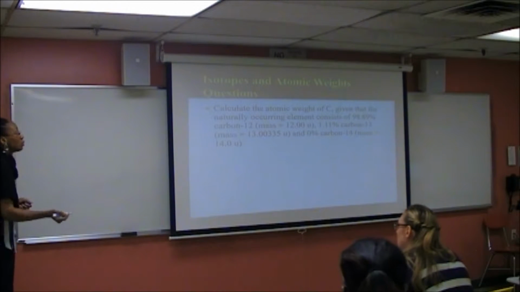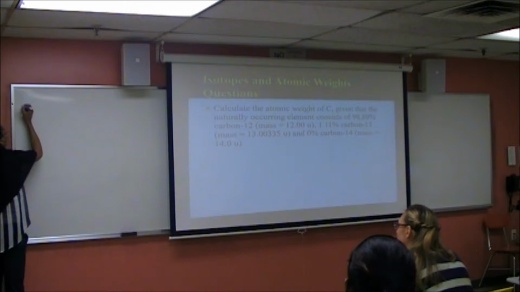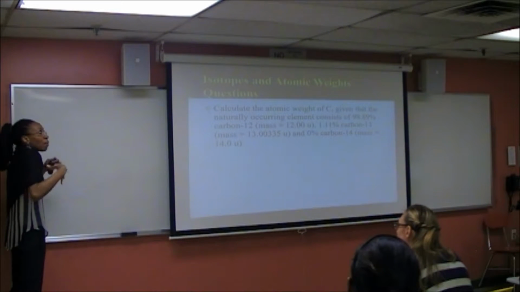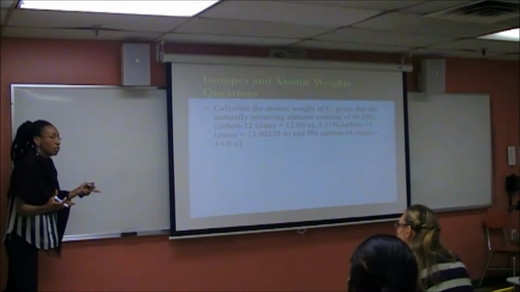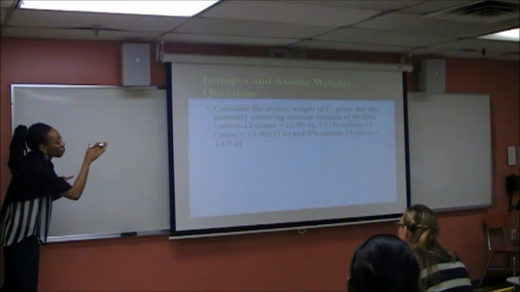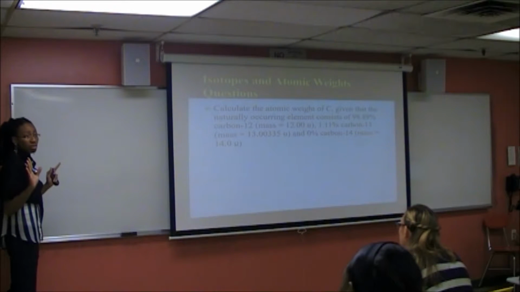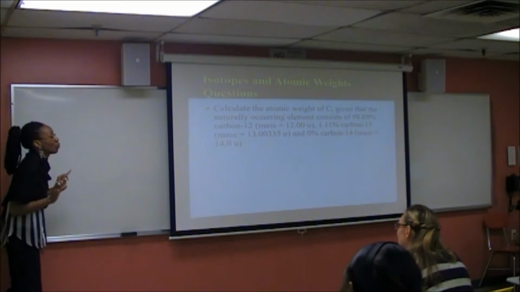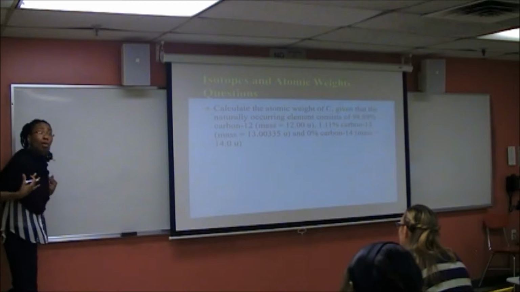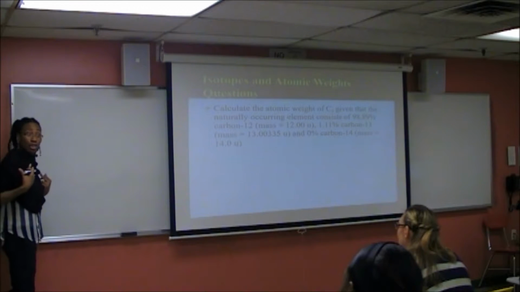The first thing we do, you're going to add up the amount provided by each isotope. I don't like to work with percentages, so I'm leaving my percentages as whole numbers. That's just how I do it. I don't want to work with 0.9889. I want to work with 98.89.